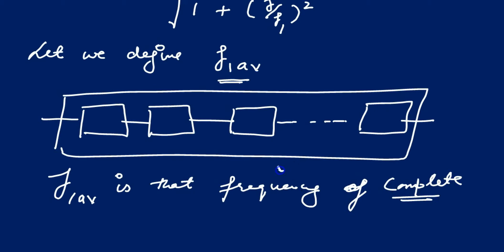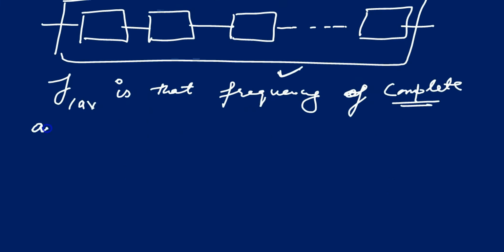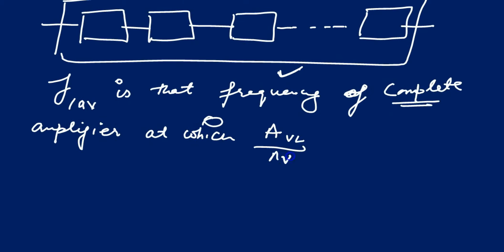Now we define F1 average. Again the definition is the same: when the relative gain of the whole system, the whole amplifier, becomes 1 over root 2.